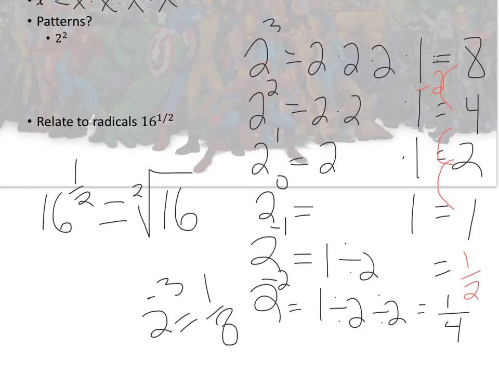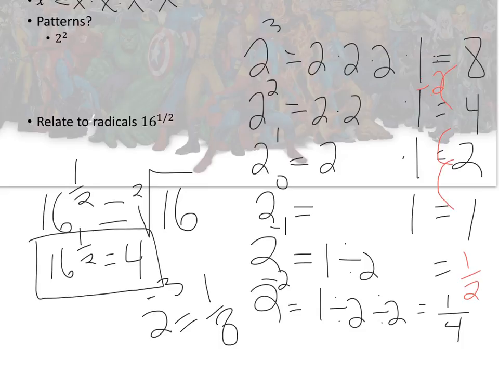So 16 to the 1/2 power is really like the square root of 16. And of course we know the square root of 16 is simply 4, because 4 times 4 is 16, and ignoring the negative 4 times negative 4 is 16. For right now, we're just looking at primary positive roots.